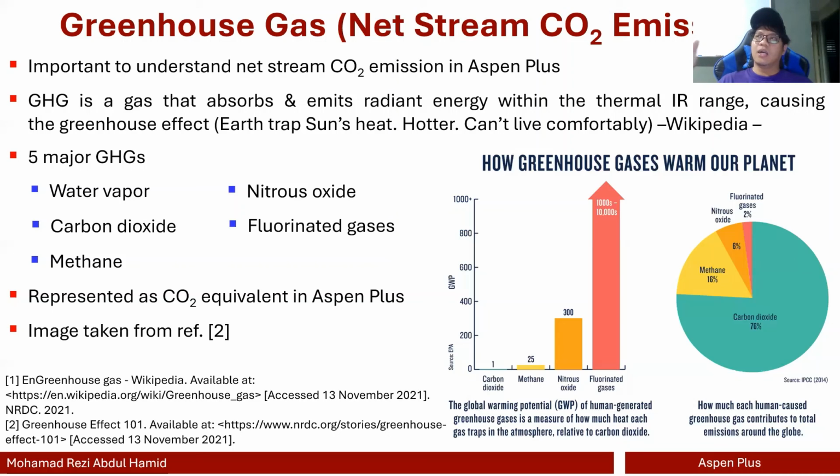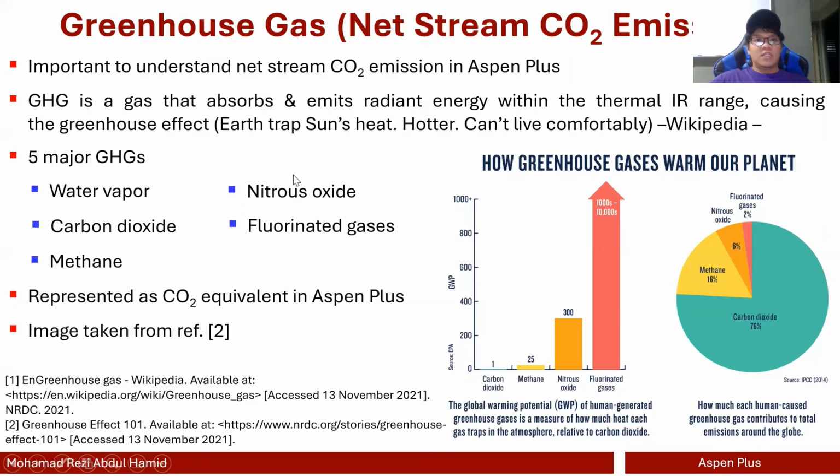If they match, they will absorb and then re-emit it, which is the reason why CO2 can technically trap energy, causing global warming and the Earth's average temperature going up, so it becomes hotter and we cannot live comfortably. By the way, I took this one from Wikipedia, so you can go ahead and look.